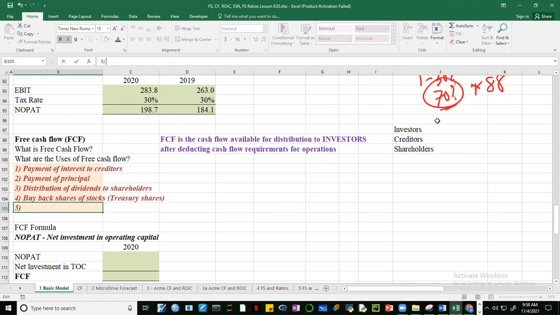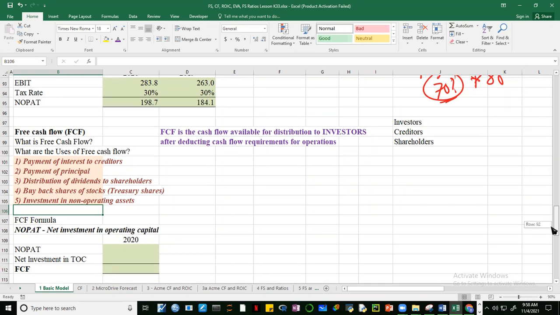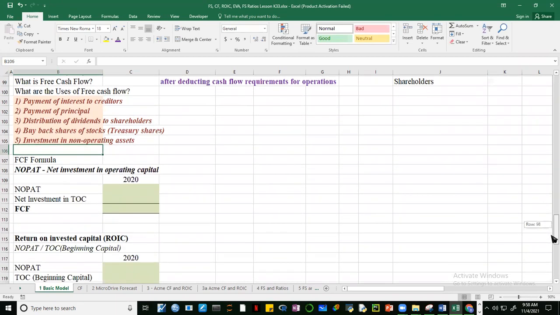Free cash flow can also be used for investment in non-operating assets, because after deducting cash flow requirements for operations, which are operating assets. So these are the five major uses of free cash flow.